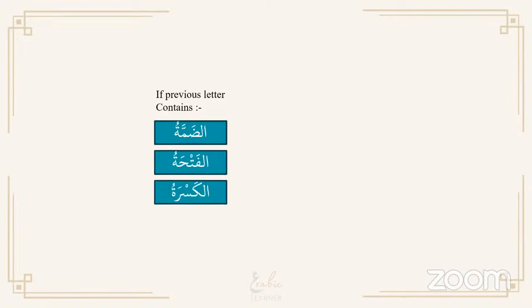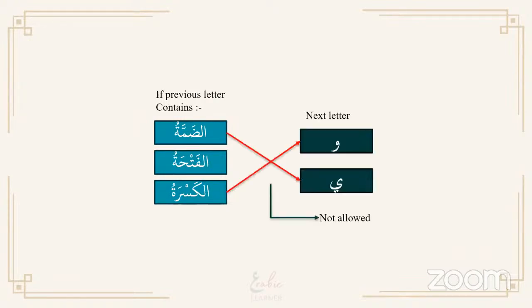When a word comes and any letter in the word contains any of these signs, like Dhamma, Fatha, and Kasra, and it is followed with the letter Vav or Ya, then this is not allowed. Before letter Ya, Dhamma is not allowed, and before letter Vav, Kasra is not allowed.